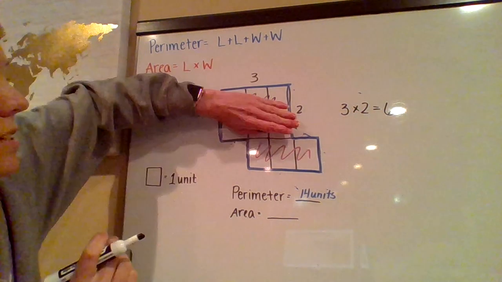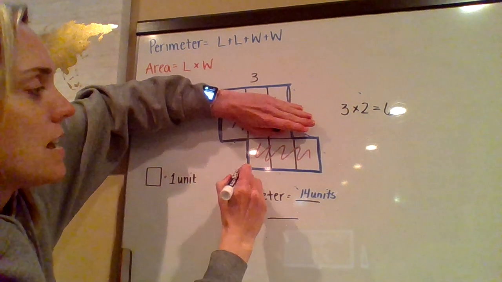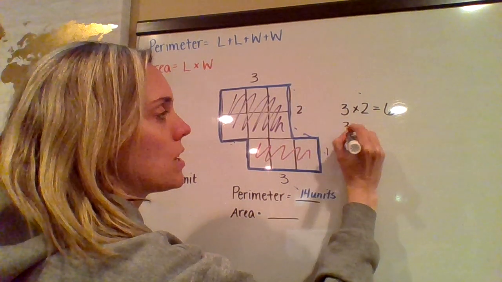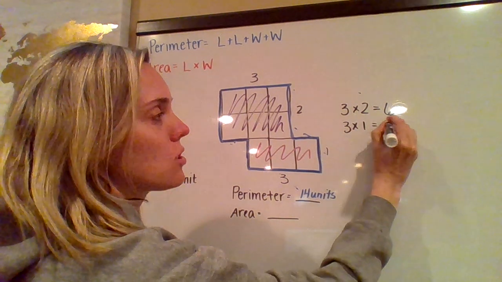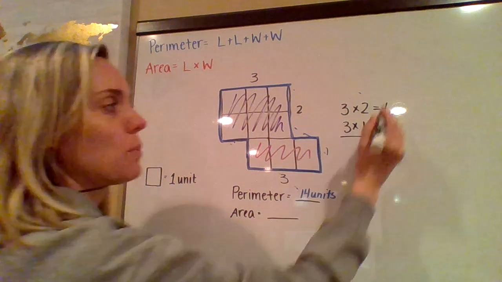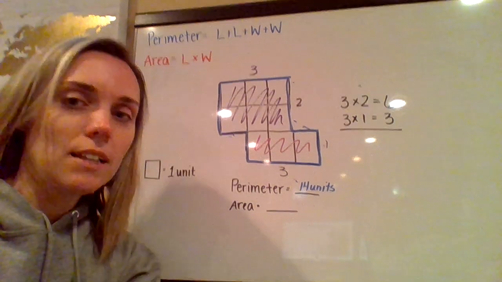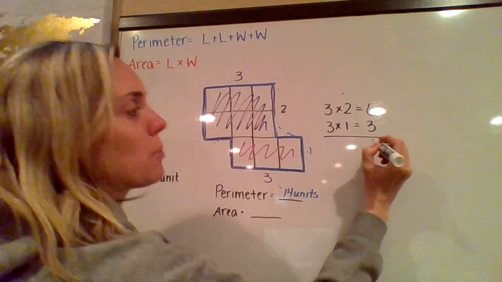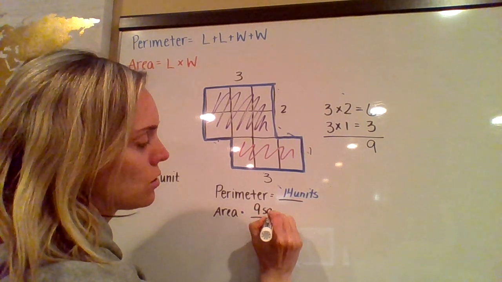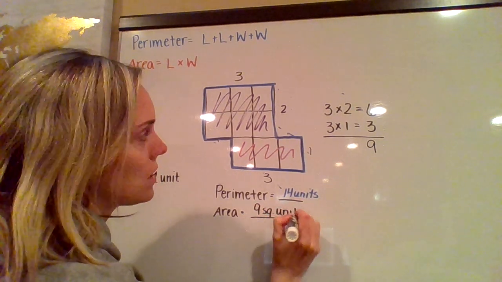Now this rectangle right here is 3 units by 1 unit. And 3 times 1 is 3. And what would we do with this rectangle and this rectangle? We would add them up. So 6 plus 3 is 9. So this is 9 square units.